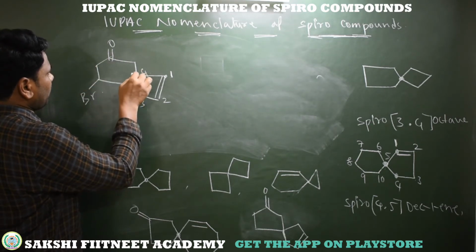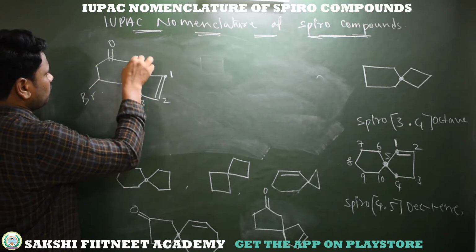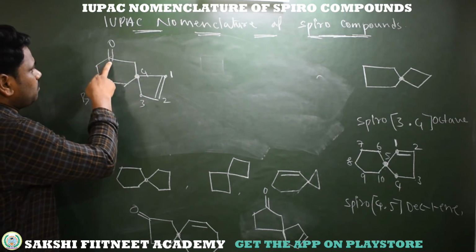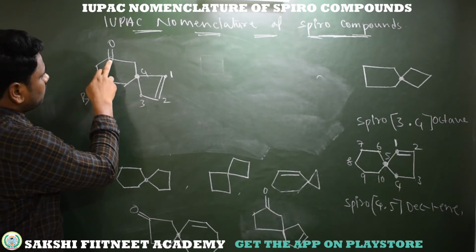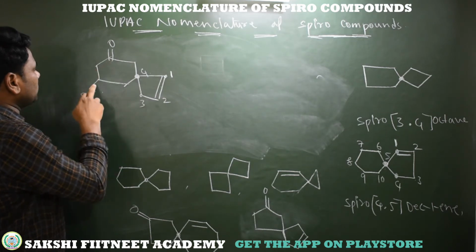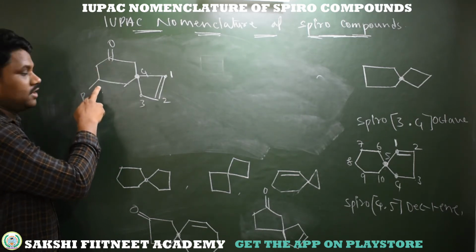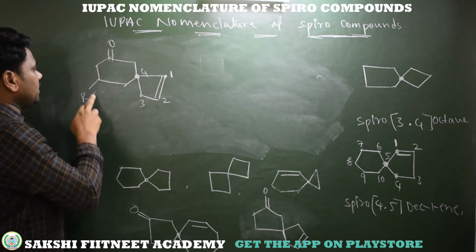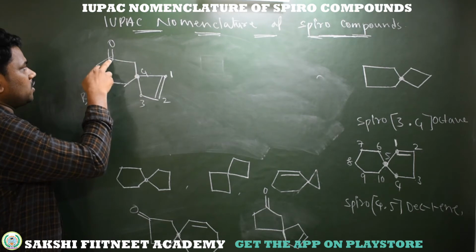See here, if I continue anti-clockwise, 4, 5, 6, 7, 8. Here this is the ketone group getting the 6th number, and the bromine getting the 8th position. Compared to these two, ketone gets more priority than bromine. I should give priority to this ketone.